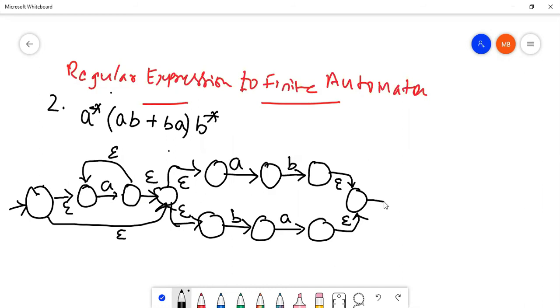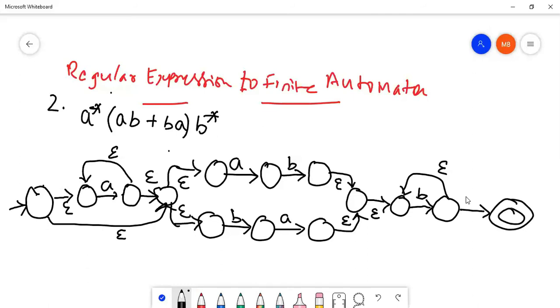Similarly, here, this will be the first state for this. Then I would accept b. This is for repetition. This is to accept epsilon.